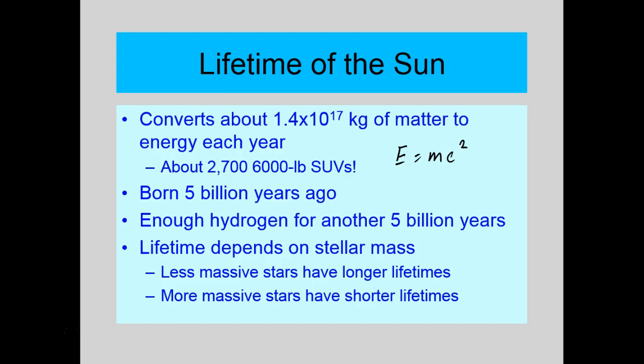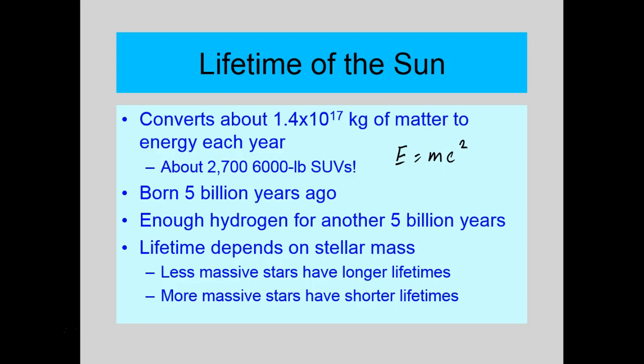Now they say that's about 2,700 3-ton SUVs just becoming energy, vaporizing into energy. Okay, wait, that's an awful lot of mass. But the sun is enormously huge, okay? So, after a while, you're not going to have enough mass left there. But it's not the lack of mass.